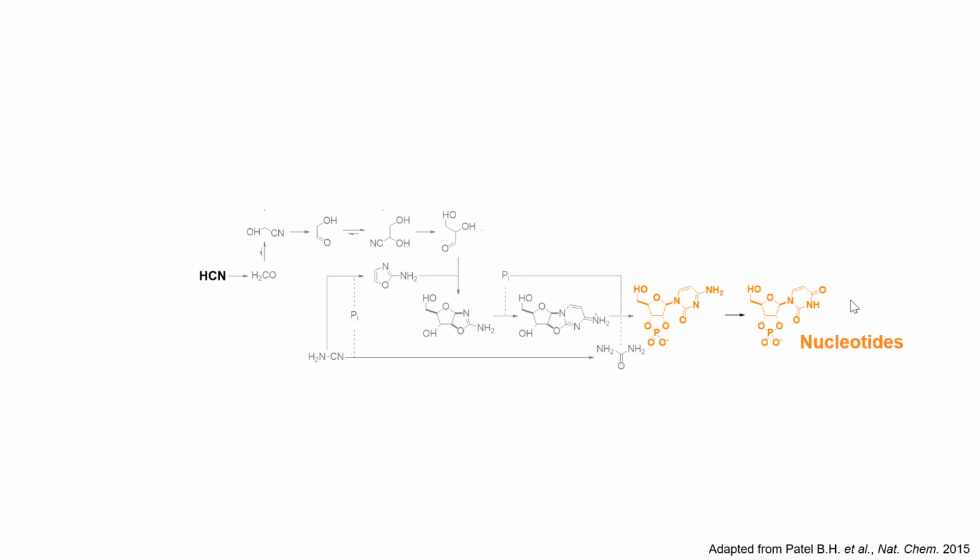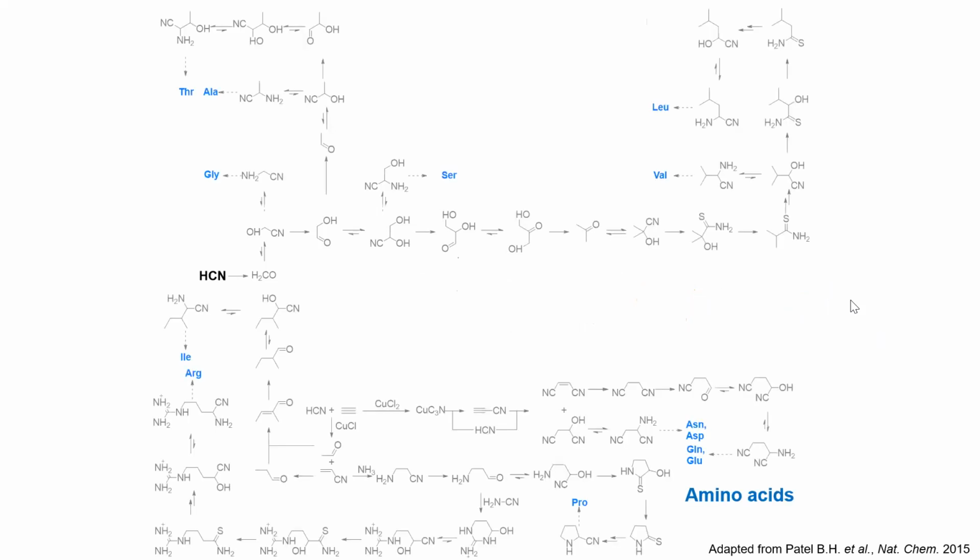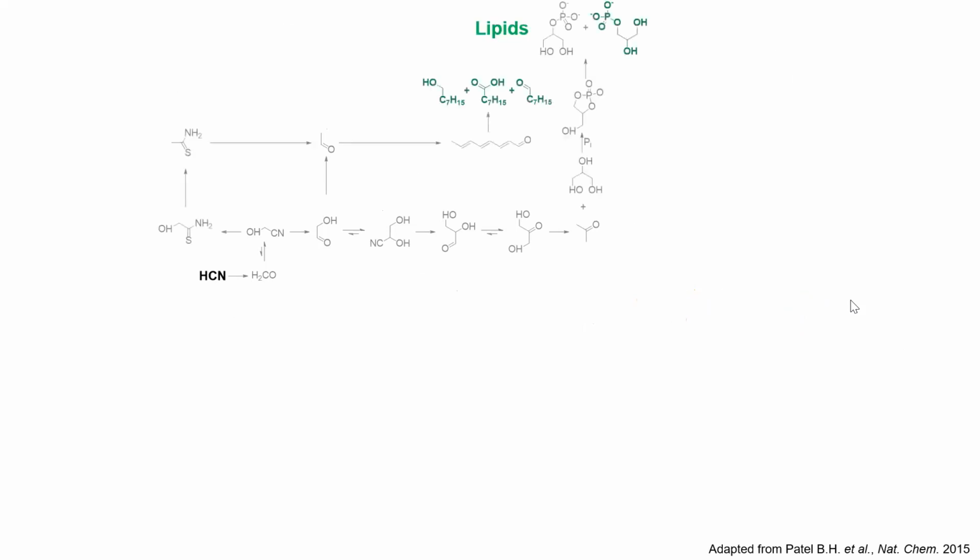From hydrogen cyanide, one could derive amino acids, the building blocks of proteins, again one of the main components of our cells. And from hydrogen cyanide, one could make lipids. These are the main components, for example, of cellular membranes, that boundary that I was mentioning before, which defines modern cells' identity.